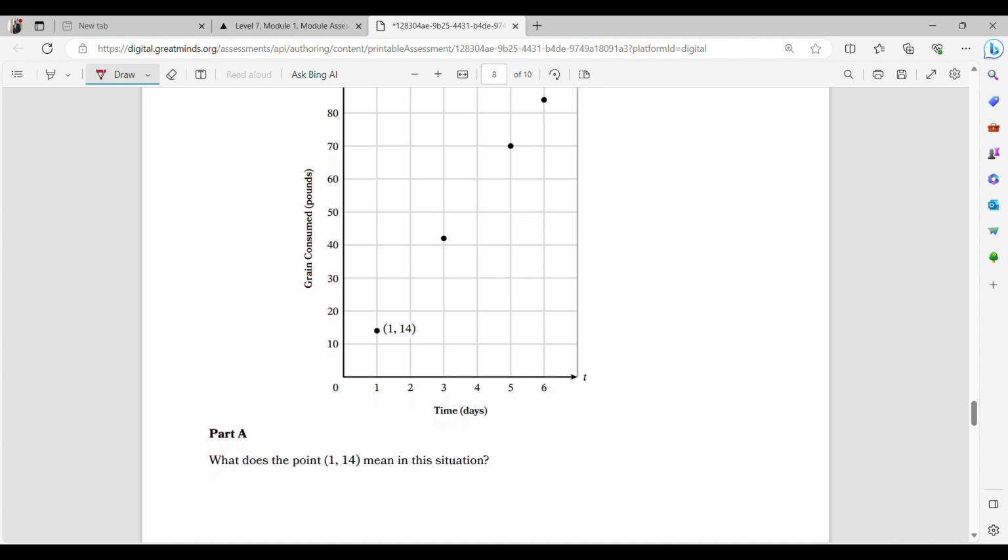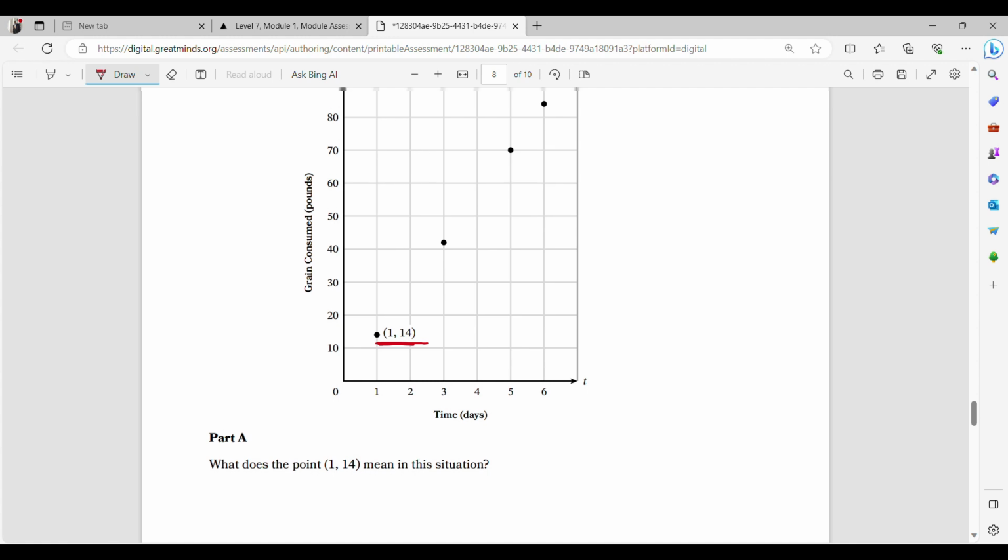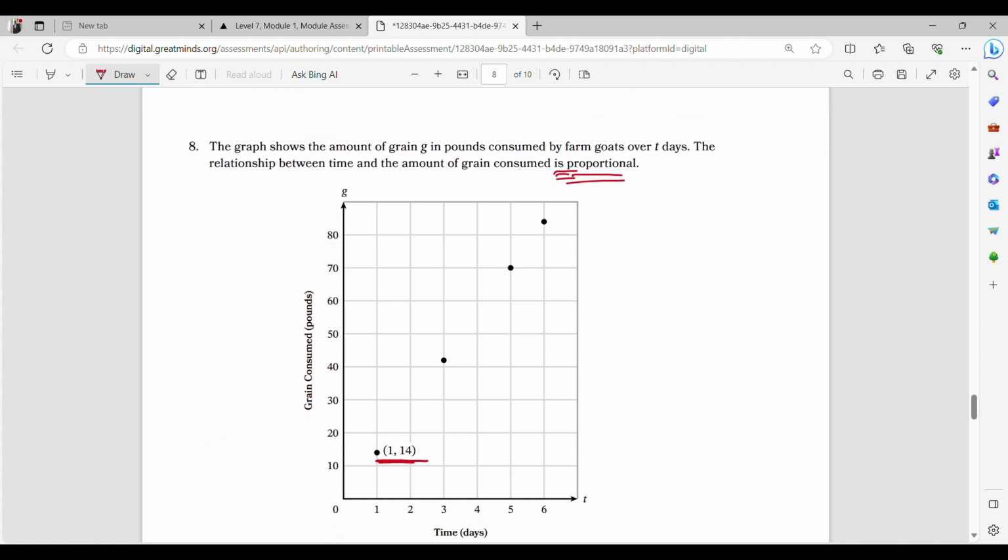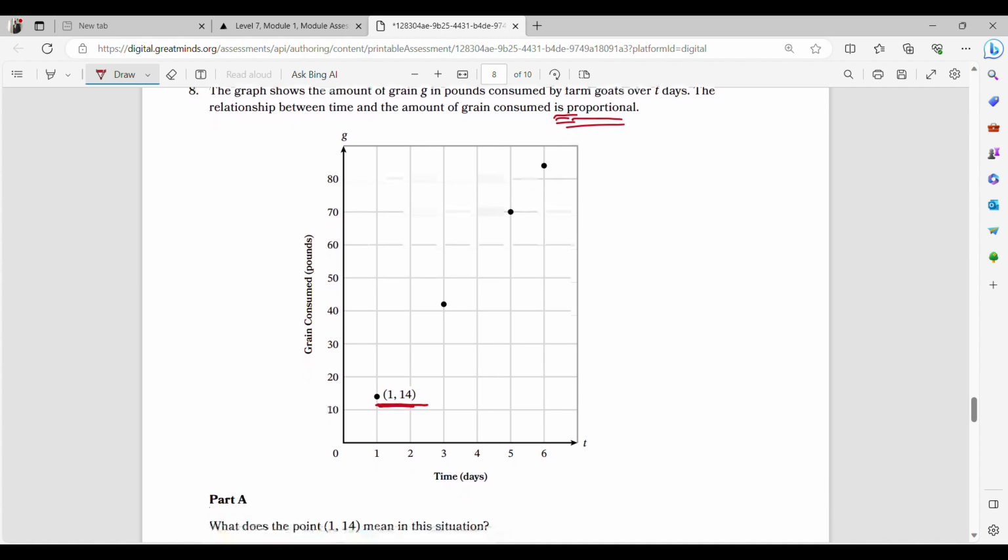Alright, what does the point (1, 14) mean in this situation? This point here. What does this mean? Explain it to me like I'm in 3rd grade. What does (1, 14) mean? Well, it means that in 1 day's time, a goat will eat 14 pounds of grain.